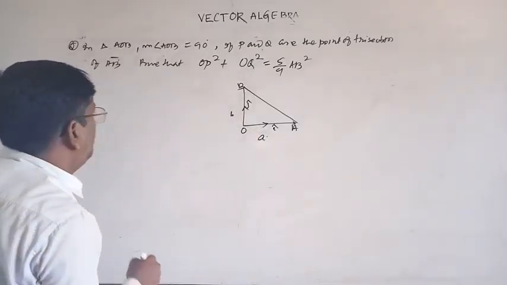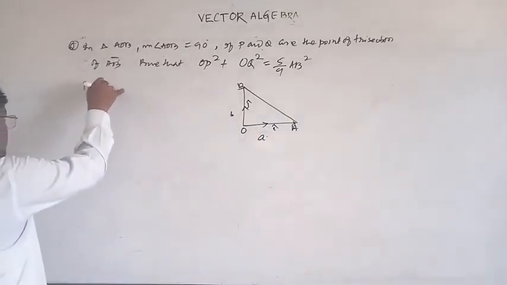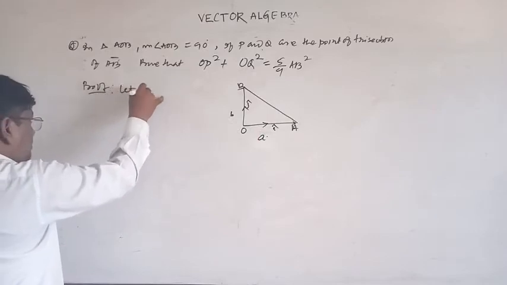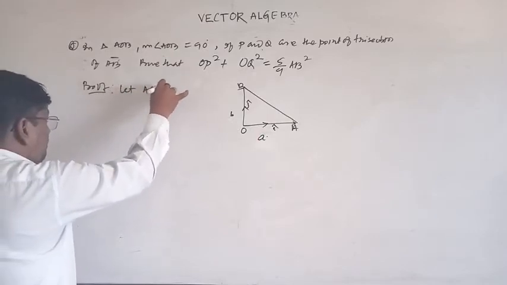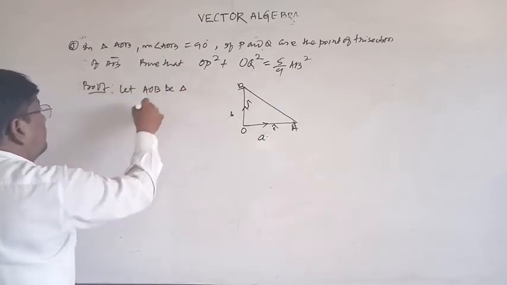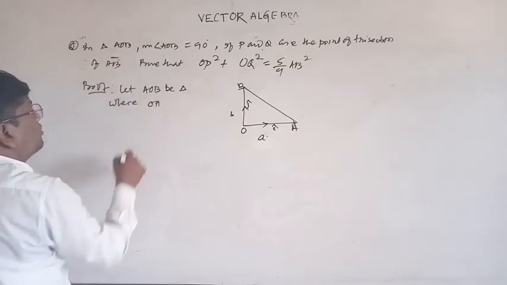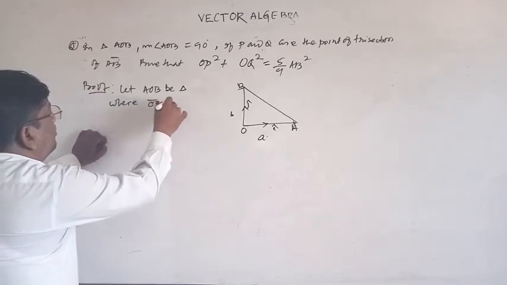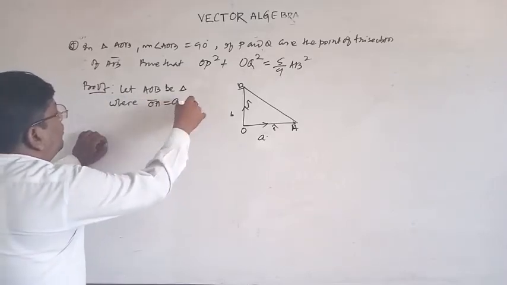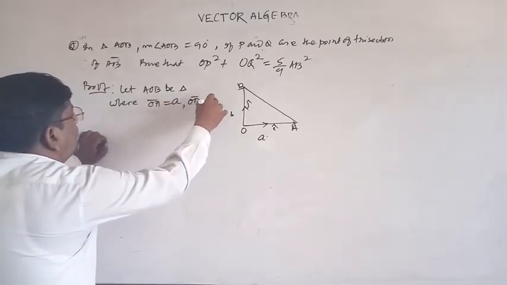Let AOB be a triangle where the magnitude of OA is equal to a, and the magnitude of OB is equal to b.